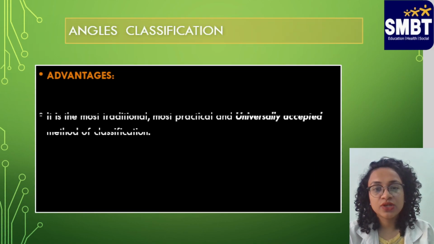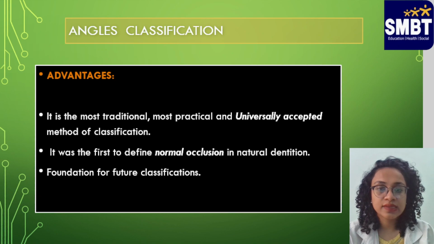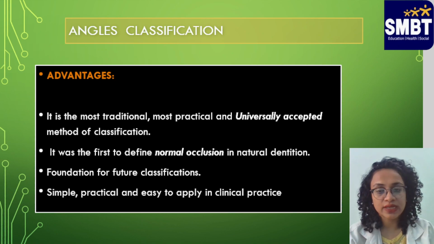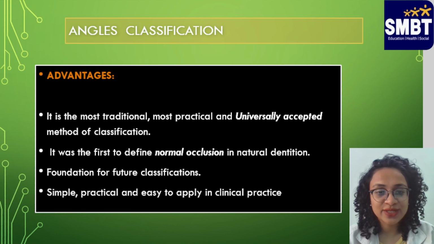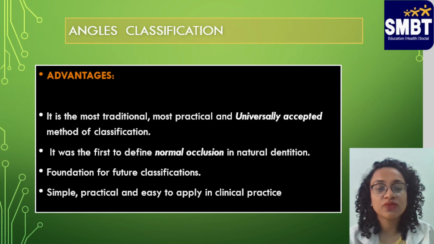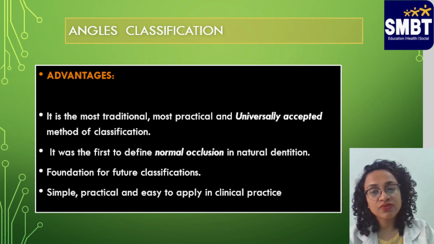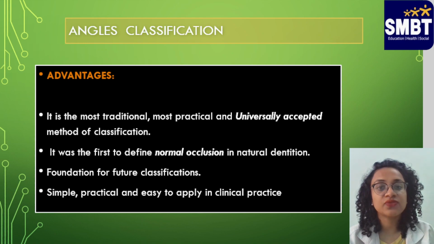Now, Angle's classification of malocclusion also has some advantages and some drawbacks. So we move on first to the advantages. It is the most traditional, most practical and universally accepted method of classification. So even today, after more than 100 years, Angle's classification of malocclusion runs in the blood of orthodontics.